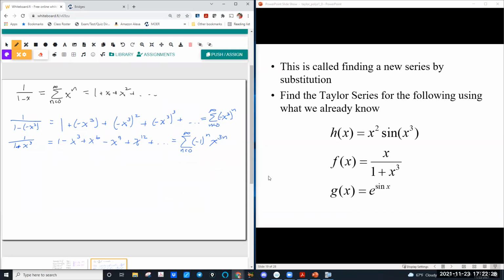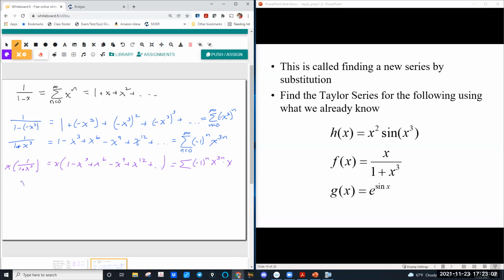We were asked to find x over 1 plus x cubed. Basically, we're thinking of it as x times 1 over 1 plus x cubed. So everything's getting multiplied by x. So 1 minus x cubed plus x to the 6th minus x to the 9th plus x to the 12th, dot, dot, dot, and then this is getting multiplied by an x. So negative 1 to the n, x to the 3n, and then times that x.